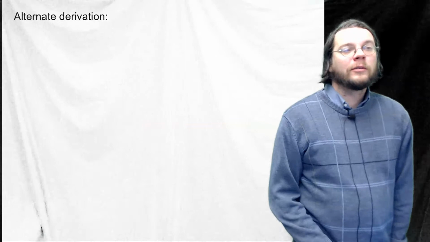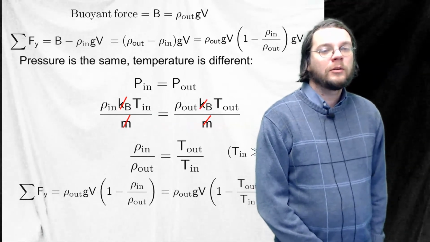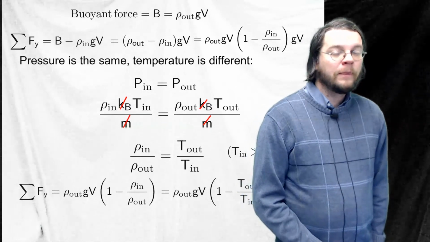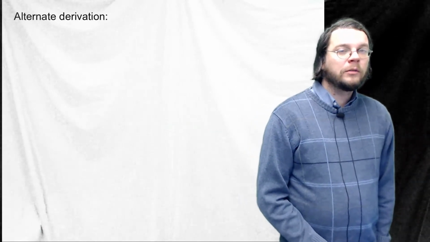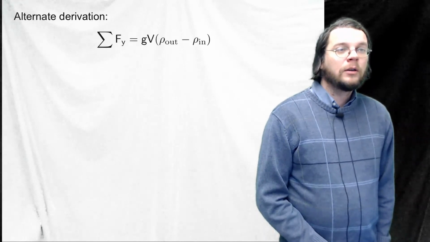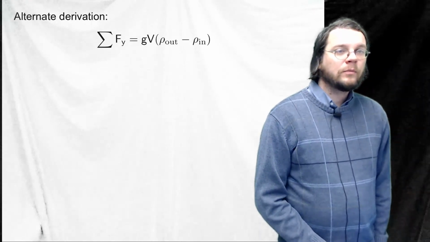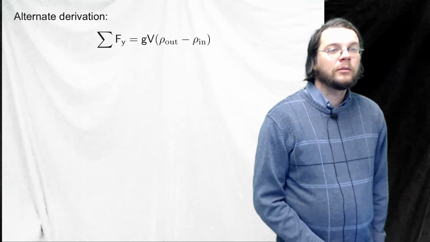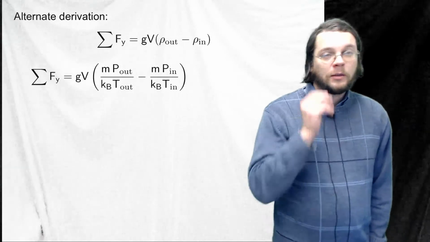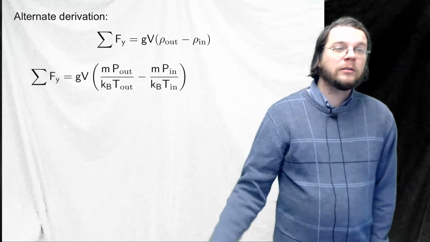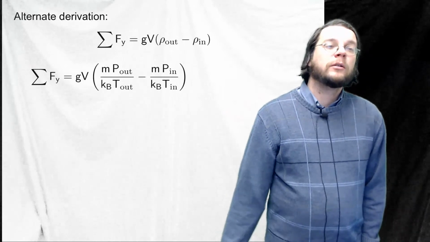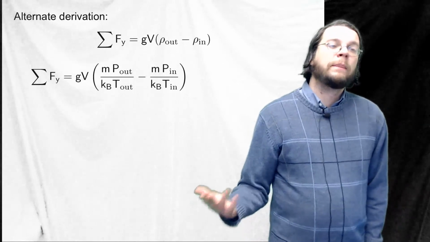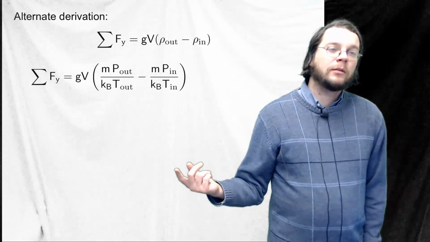So another way to derive this, and by the way, this is similar to the formula I found randomly on the internet. Another derivation of this is to say, well, so here again is the buoyant force minus the weight of the air, and then you can say the density of the outside air is equal to the pressure of the outside air times the average mass of the particles in the air divided by the outside temperature, things like that.